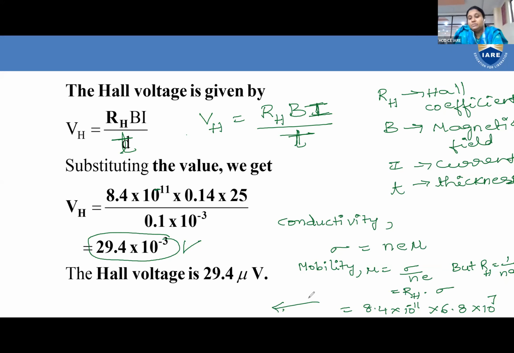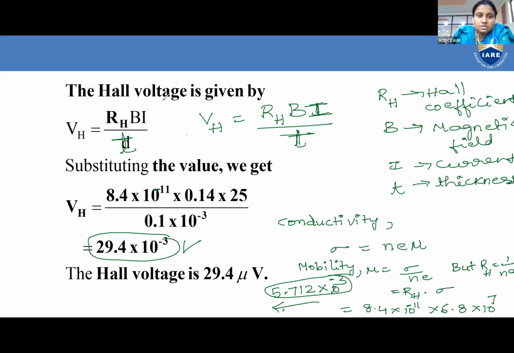Just find the mobility value and tell me how much value we are getting here. 5.712 into 10 power minus 3, ma'am. Okay, so this is the value of mobility: 5.712 into 10 power of minus 3.